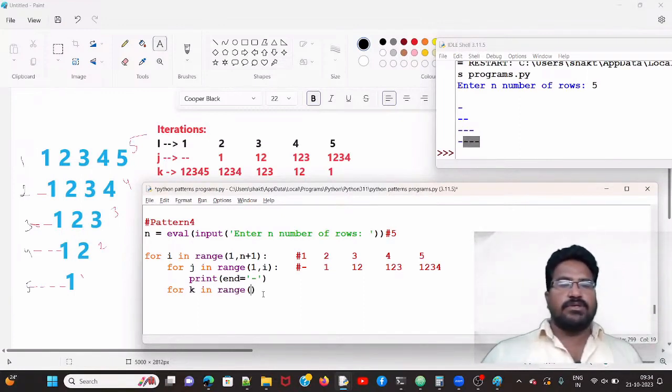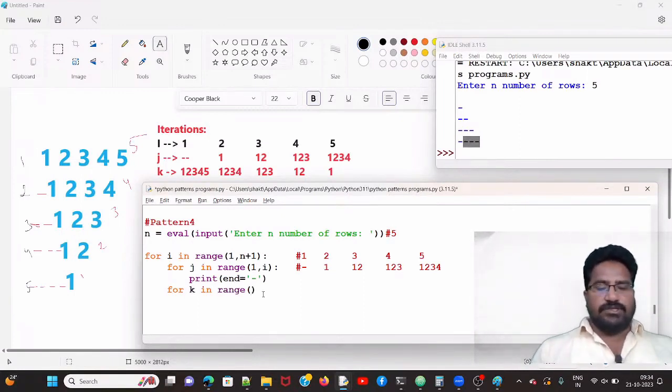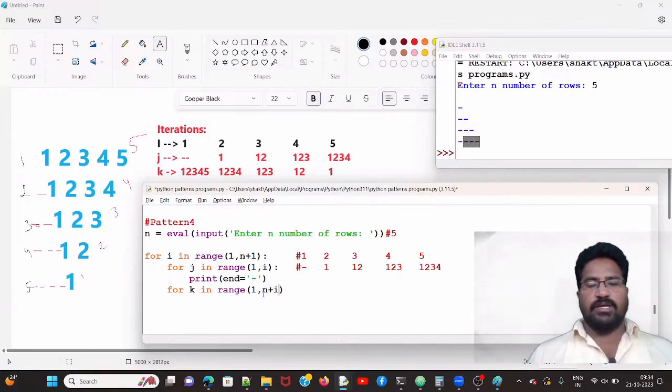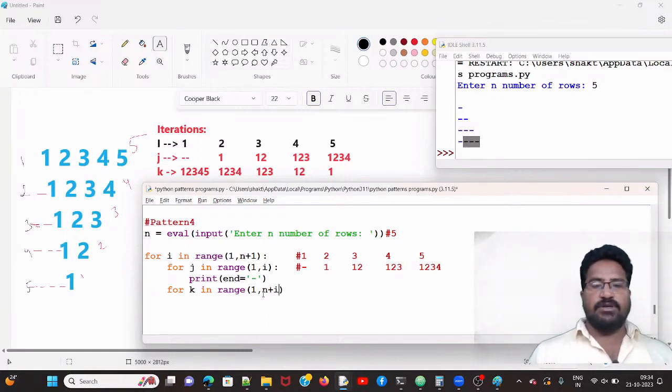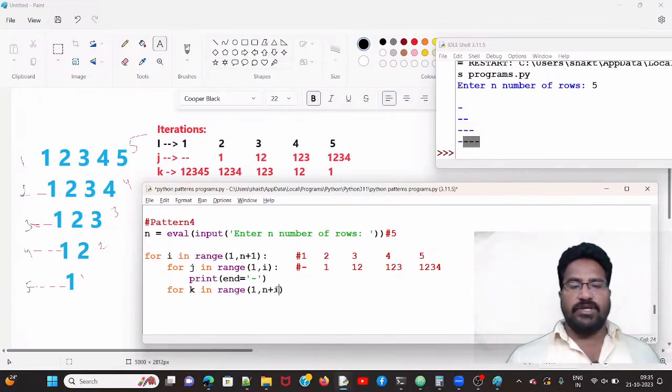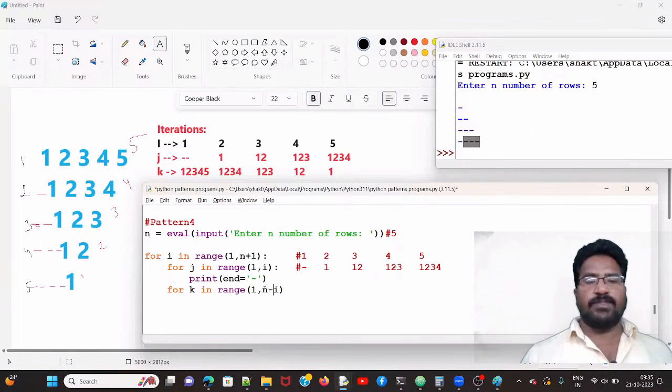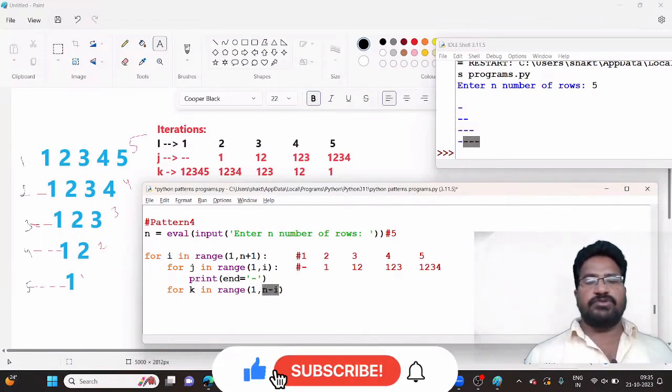K: first time 5 times, right? So starting 1, n plus I. No, it increased, right? n plus I is increasing. First time 5, 5 plus 1, 6, 5 plus 2, 7. No, it should decrease, right? 5 minus I. So first time n value 5, 5 minus 1, 4, 4 before 3 only.